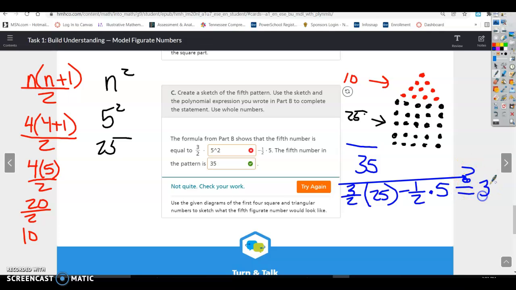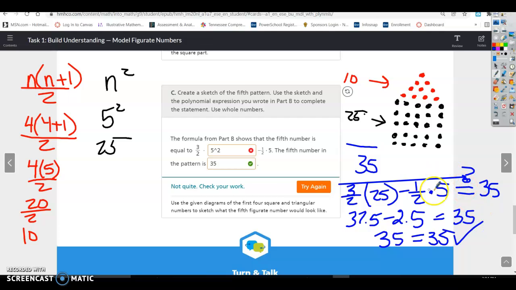I'm going to use my calculator. 3/2 of 25 is 37.5, and then minus half of 5 is minus 2.5, and that equals 35.